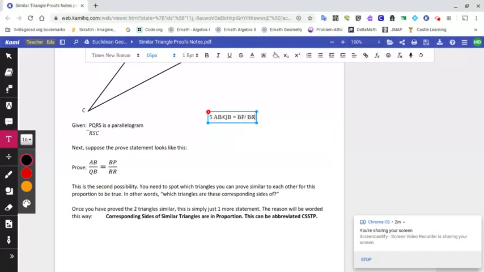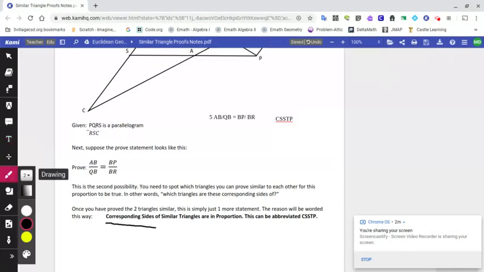I have to write it that way. And my reason is simply going to be CSSTP, which stands for corresponding sides of similar triangles are in proportion. And that's it. So it adds one additional line.